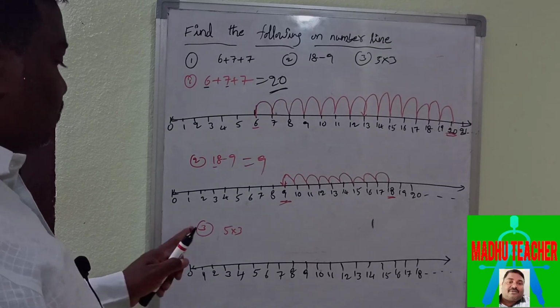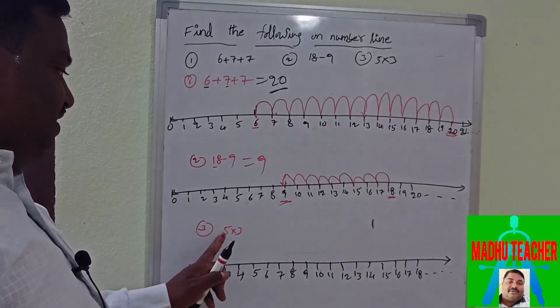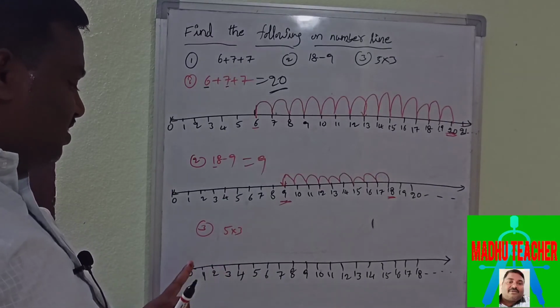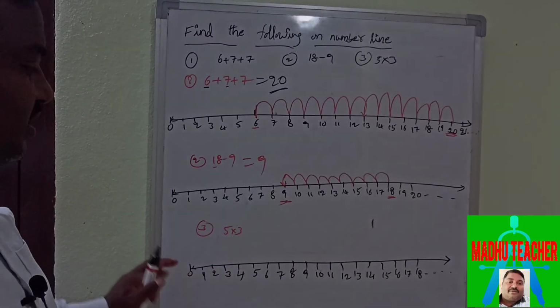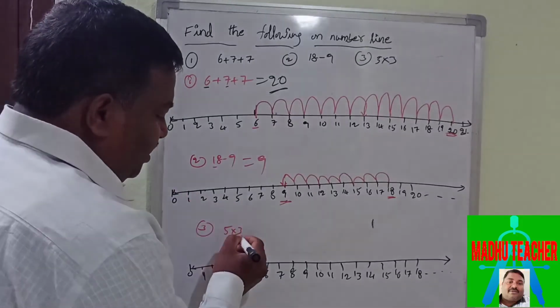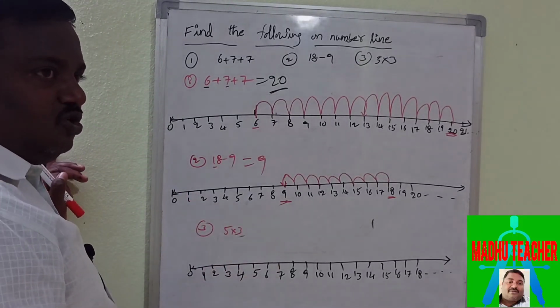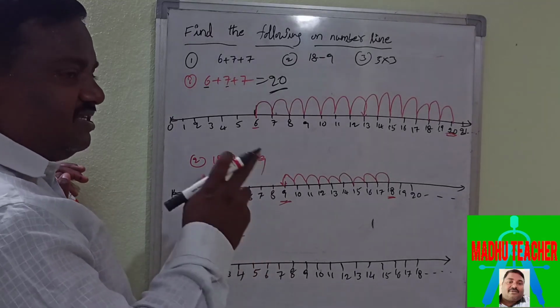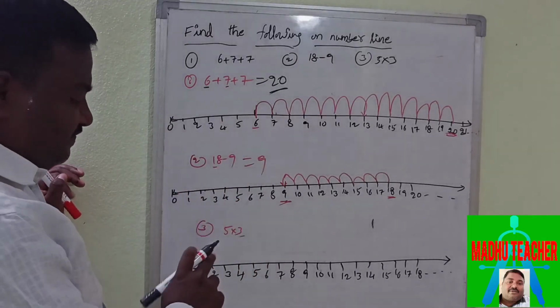Third one, multiplication: 5 into 3. Whatever the numbers, we start at 0. We move 3 units towards the right side and make such 5 moves.